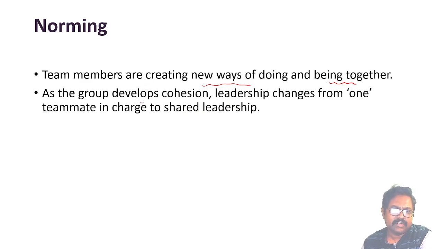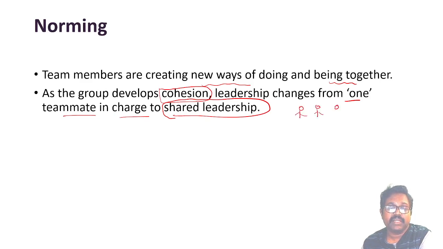And as the group develops, there will be development of cohesion. They develop a proper bond, relationships develop, and the leadership changes from one teammate in charge to shared leadership. Each individual member in the group will be a leader, but they will not be dominating; they'll be sharing their responsibilities.